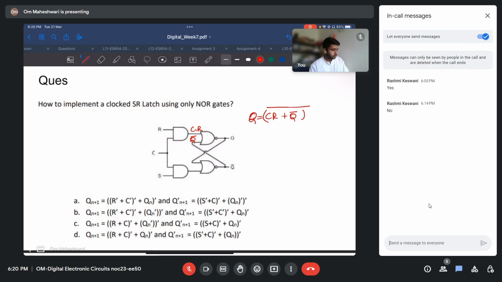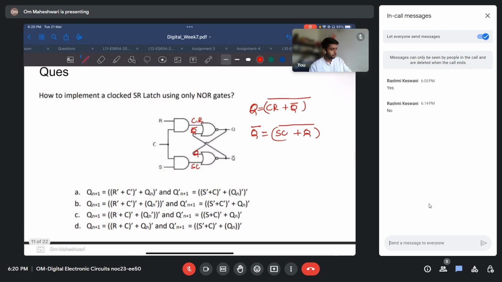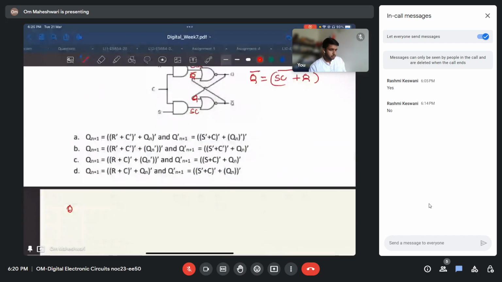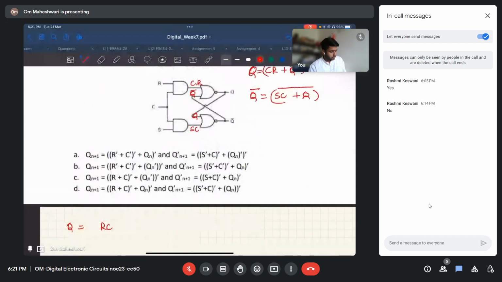This is Q. And Q bar similarly is, here we have Q, we have SC plus Q whole bar. This is Q bar. So we have Q equals to RC plus Q bar whole bar.